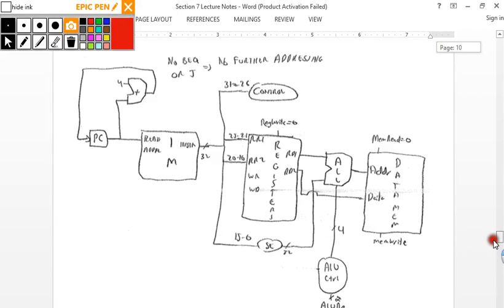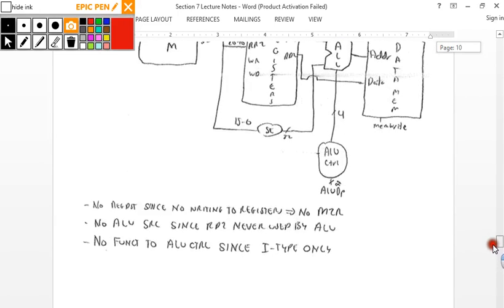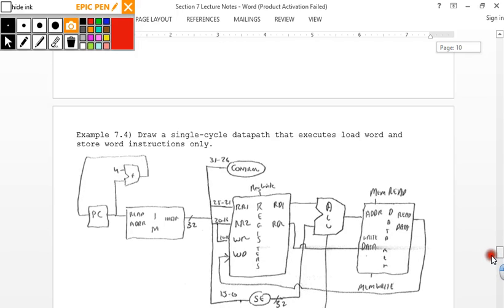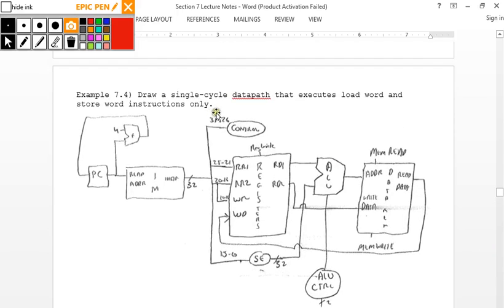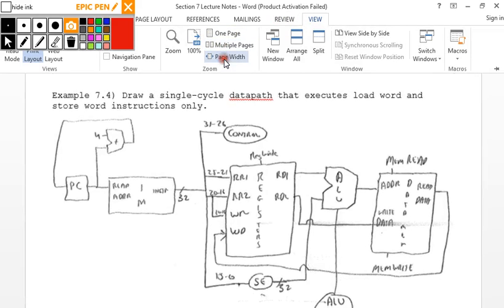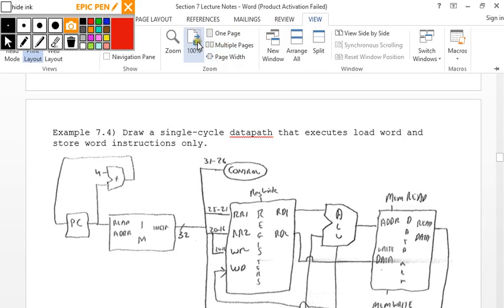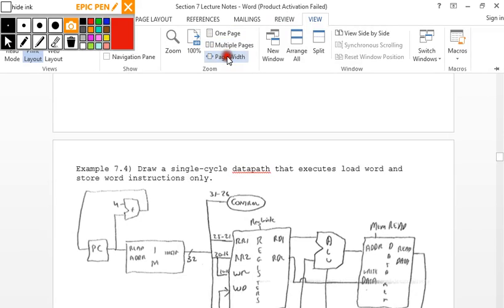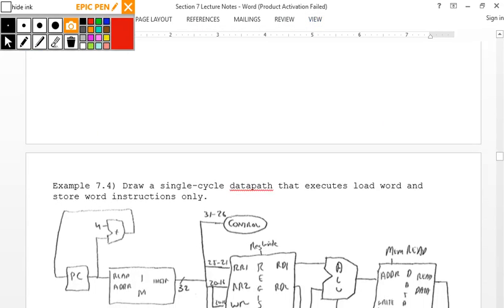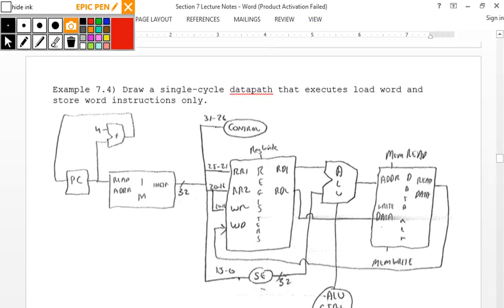And we've done load word, we've done store word. And now we're combining them together in example 7.4. So let me view page width. So in 7.4, we're just combining together.